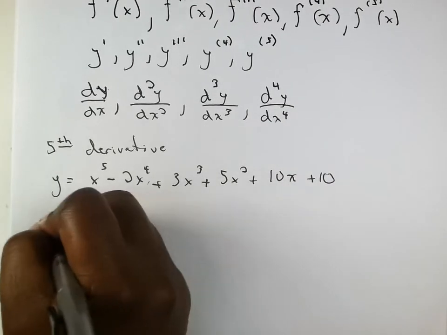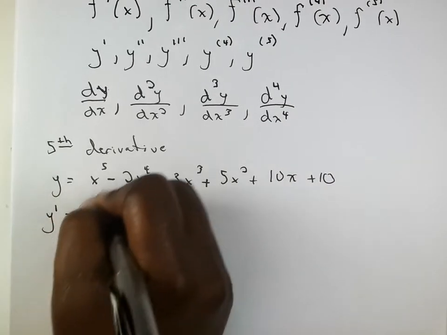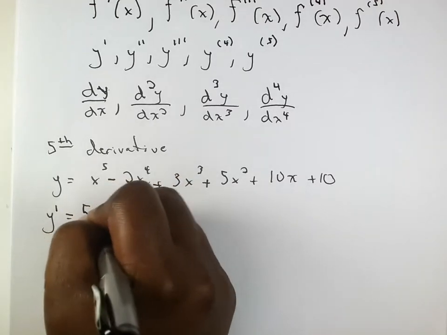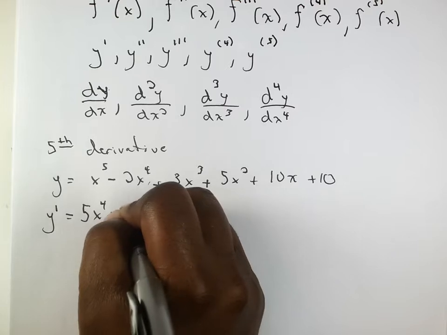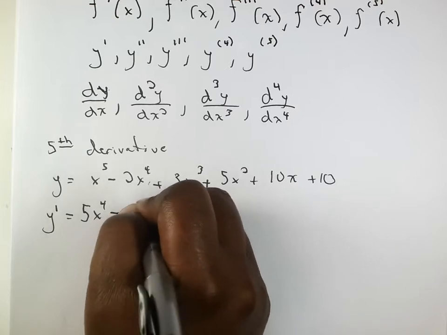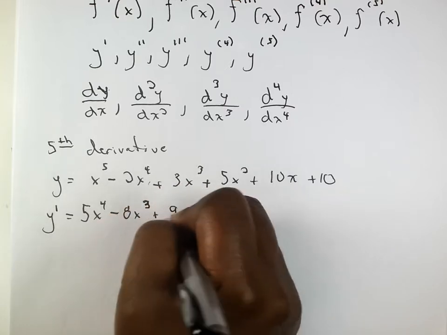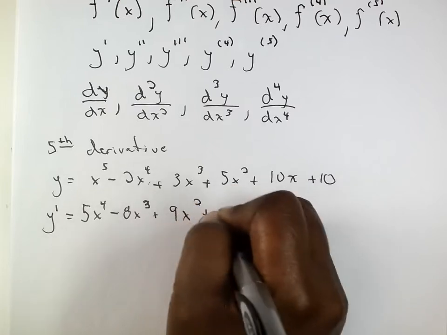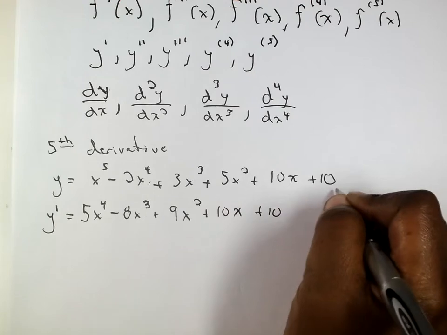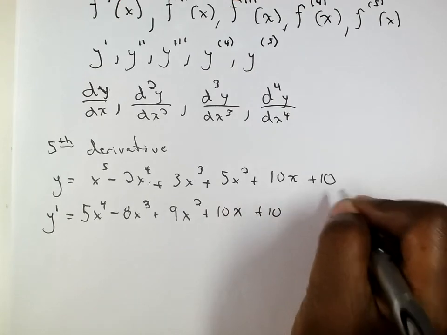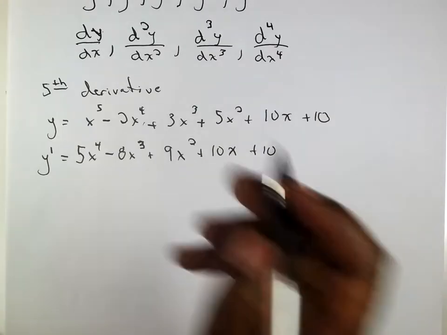So that's the original function, my first derivative, y prime. That 5 comes out, so it becomes 5x to the 4th. Multiply the 4 down, we get 8x to the 3rd. And then 9x squared, and then 10x, and then 10, and then the derivative of this last 10 is just 0. So that's my first derivative.